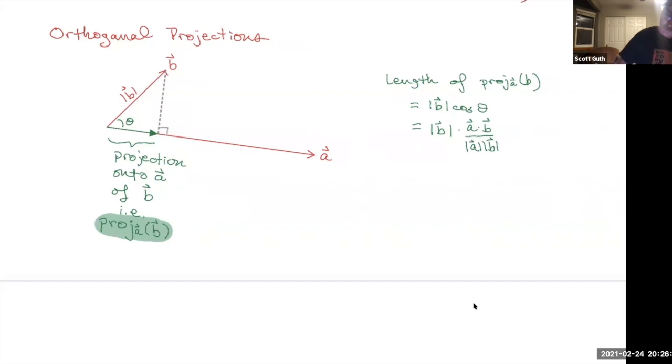Isn't that the formula we came up with for the cosine of theta? See, I'm doing trig without trig. I'm using dot products and magnitudes. And of course, there's a cancellation that can occur here. So let me cancel out the magnitude of B there, like that.